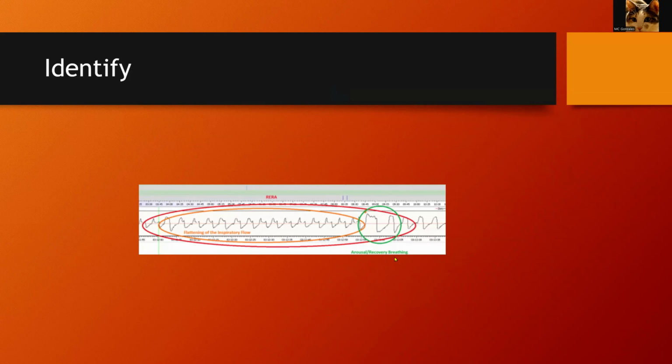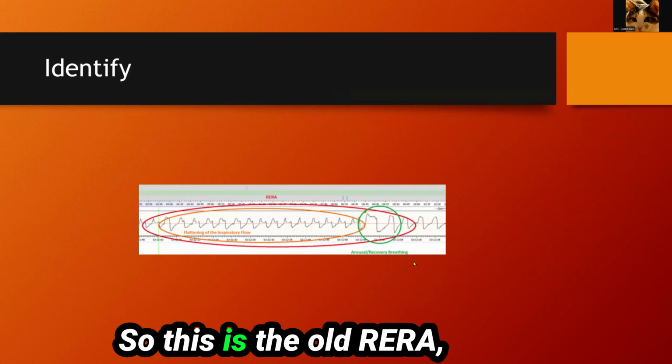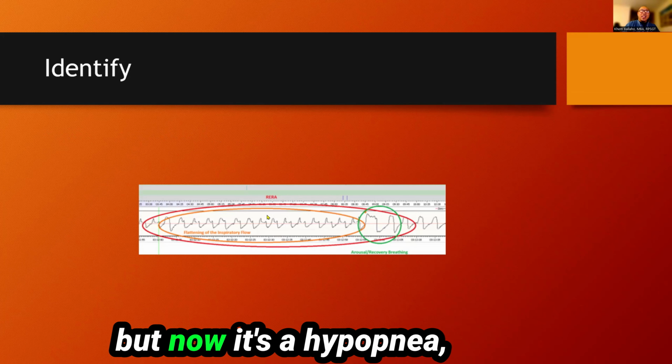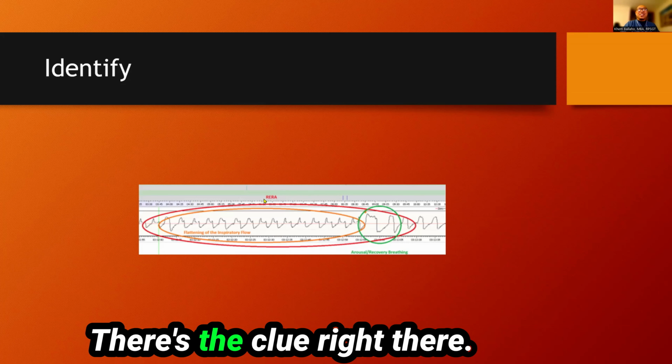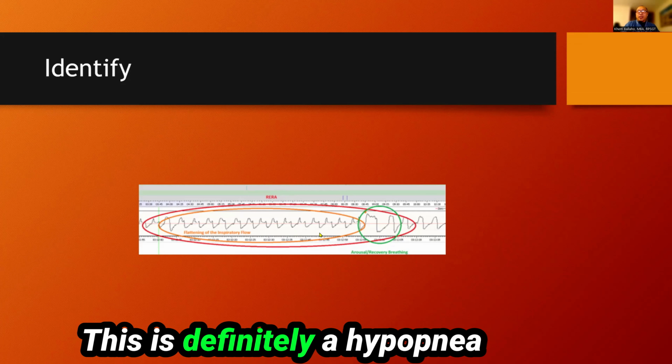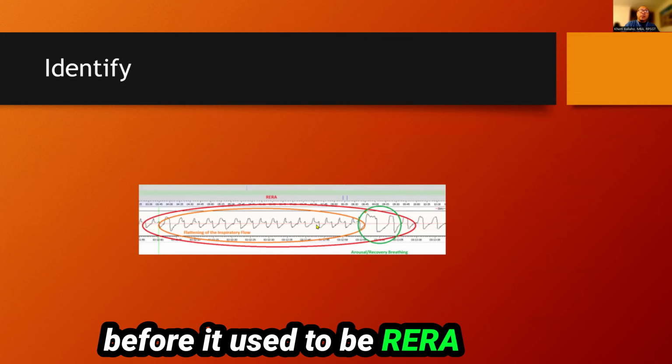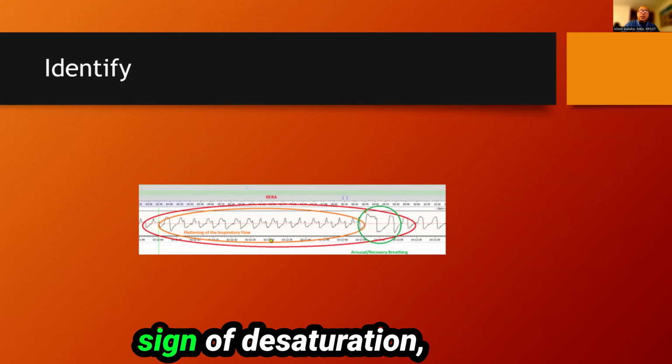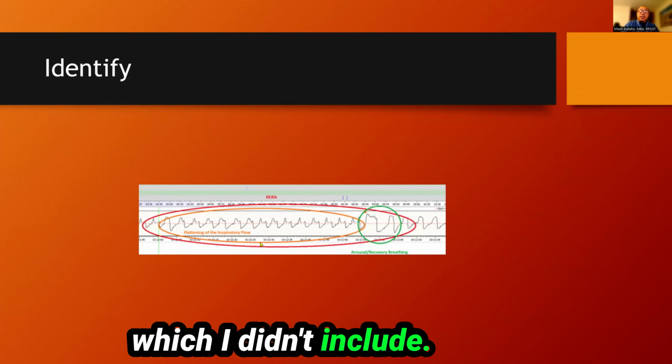Anybody? So this is the old RERA, but now it's a hypopnea. There's the clue right there. This is definitely a hypopnea. Before, it used to be RERA because there's no sign of desaturation, which I didn't include.